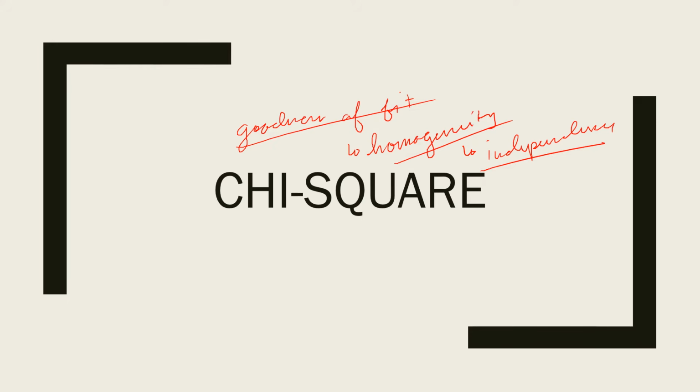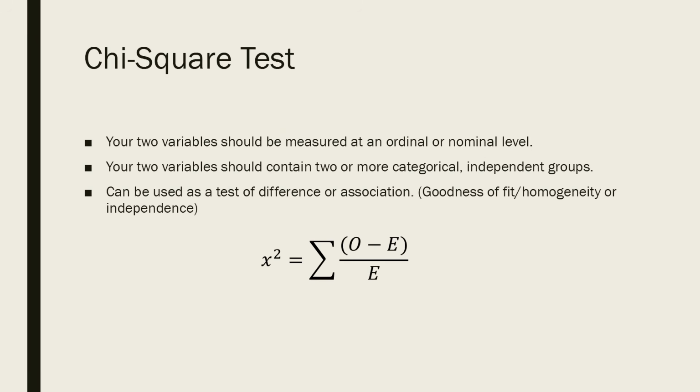So, let's talk about chi-square. Now, as the assumptions or the requirement of the test implies, your two variables should be measured at an ordinal or a nominal level. Your two variables should contain two or more categorical and independent groups. And this can be used again as a test of difference or association, including the goodness of fit, homogeneity, or independence.